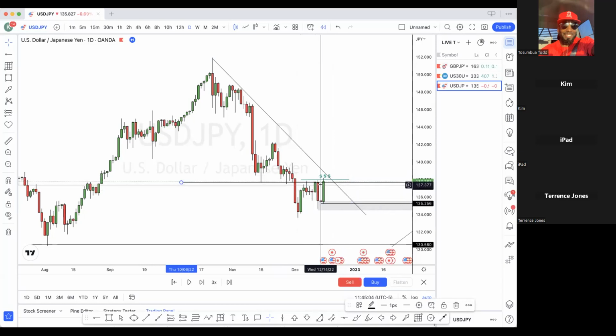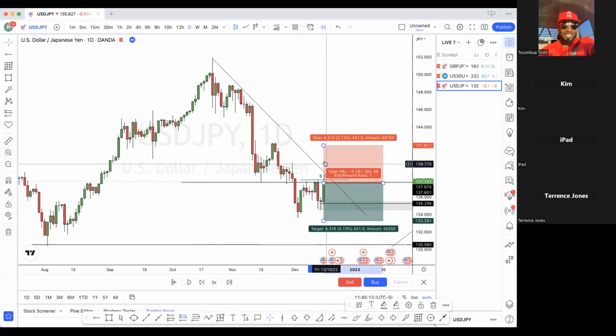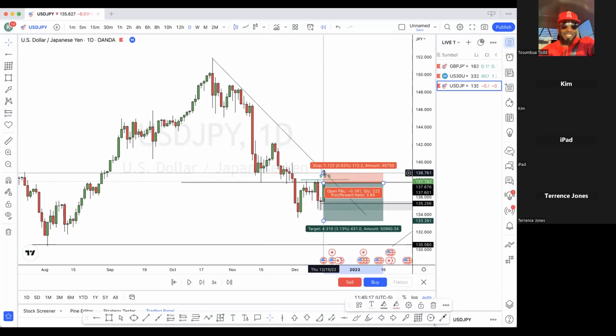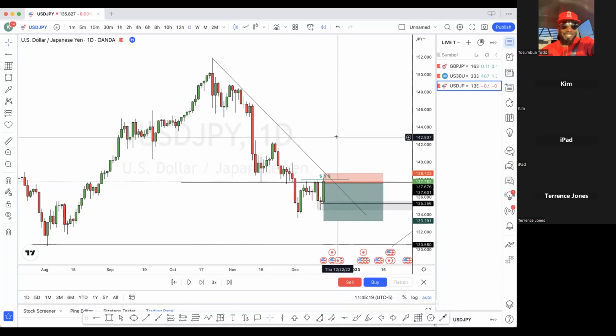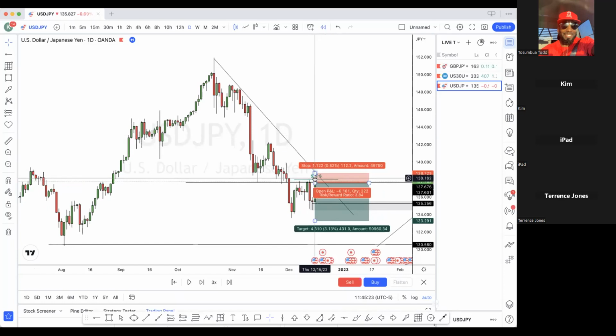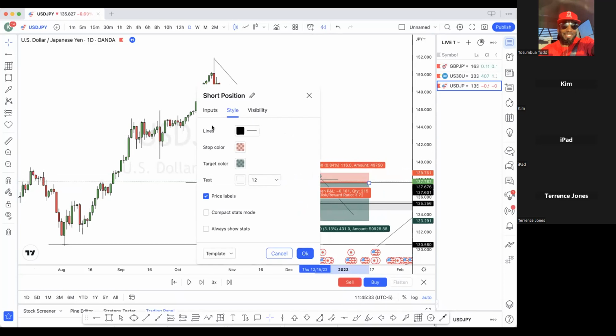So now you can feel more comfortable putting in your trade. And like I said, we're on the daily, so you want to refine your entry to something that's more manageable. If you are okay with a 100 pip stop loss, then you could have made this a 100 pip stop loss and been good.